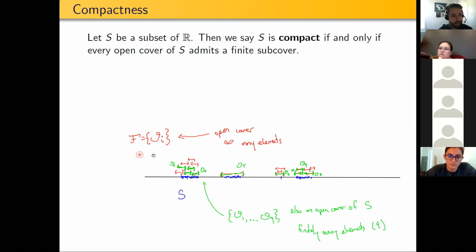In order to definitively say that S is compact, we would have to say that this process could work for every open cover. So not just this F, but every single F that we wanted to look at. Every open cover would have to admit a finite subcover. And that's really challenging to wrestle with, right?